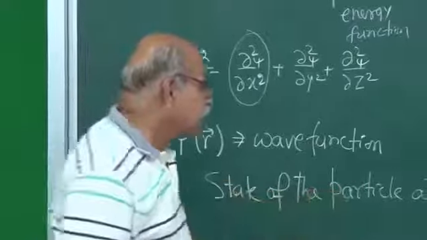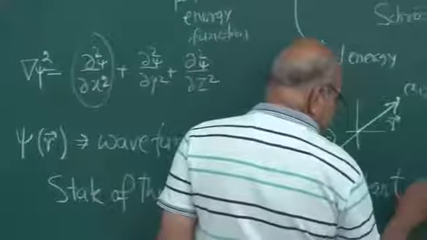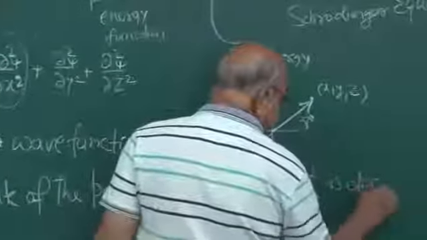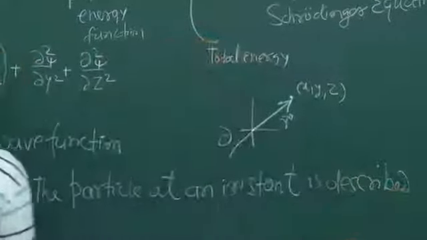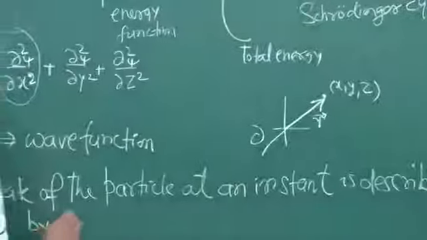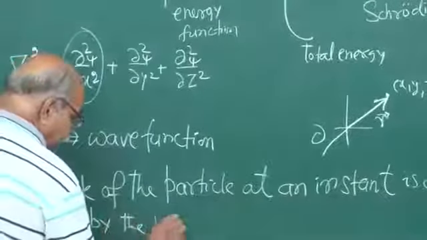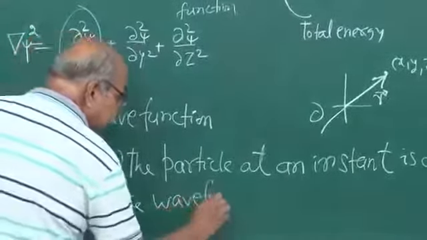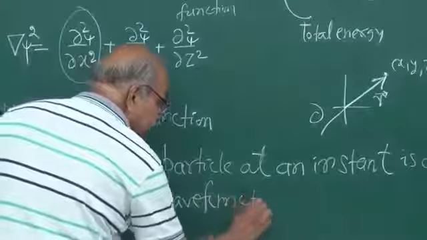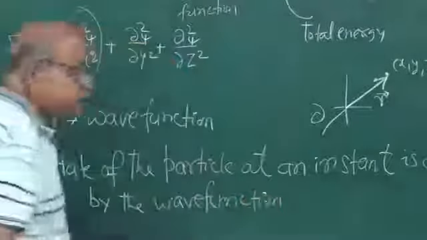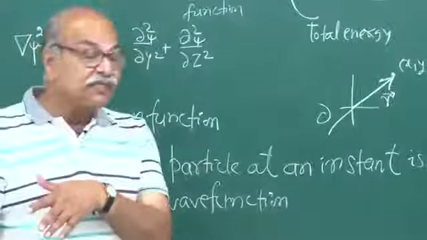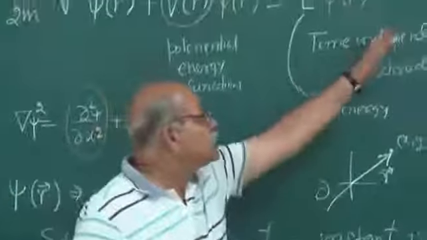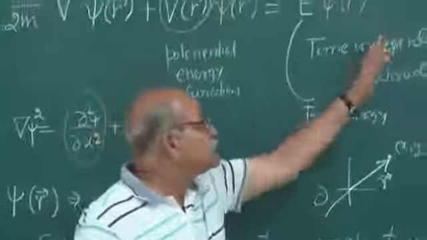The state of the particle at an instant is described by its wave function at that instant. The wave function can change as time passes, and how it will change is given by another equation, which is known as the time dependent Schrodinger equation.